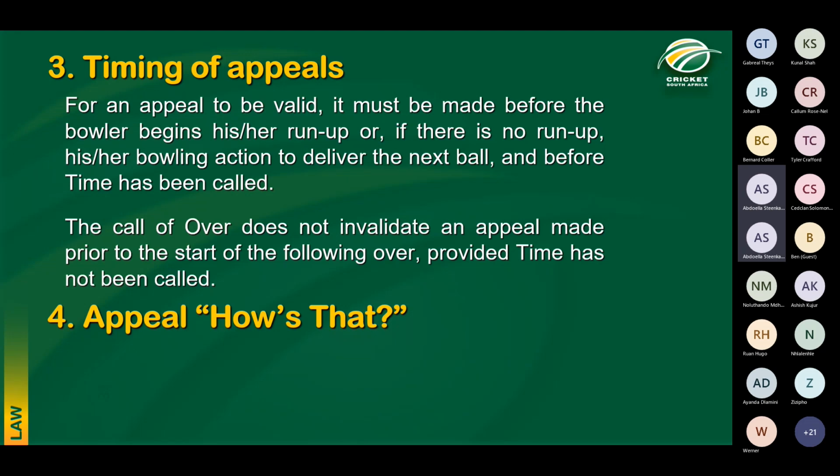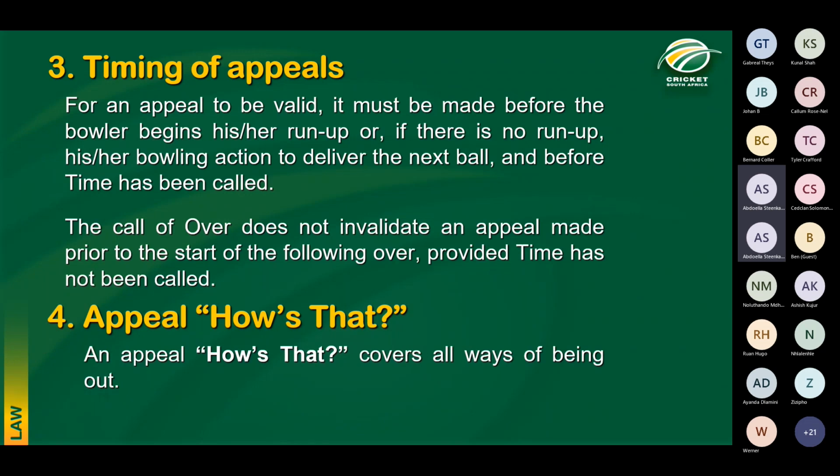So as you can see, in practice it usually happens quite quickly when there's an appeal, a split second or a second later. But the law allows that window period while the appeal is still valid. This needs to be done before the bowler takes his or her first step to bowl the next delivery.